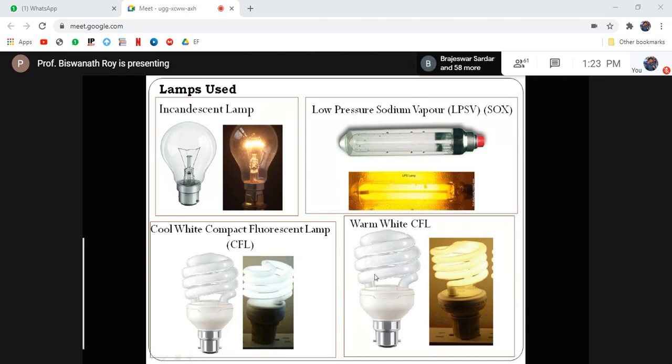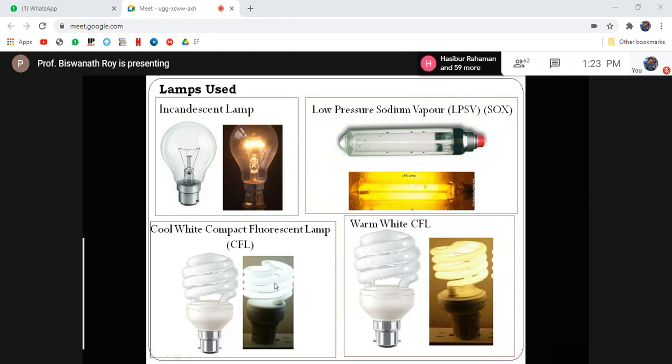Similarly, these 2 types are called compact fluorescent lamps. These 2 are also low pressure mercury vapor lamps, and this is the spiral discharge tube. In the same way, this is the color appearance of the lamp. The color is bluish white. That's why it is called cool white. There is no connection with temperature.